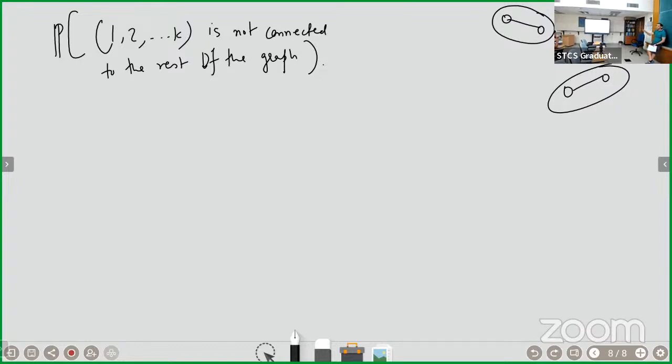So the fact that it's not connected, what is the probability? 1 minus p to the power k times n minus k. And how many such possibilities are there? N choose k. So for a fixed set of these nodes, what is the probability it is not connected to the rest of the graph? The exact thing, 1 minus p to the power, sorry, k times n minus k. Okay?